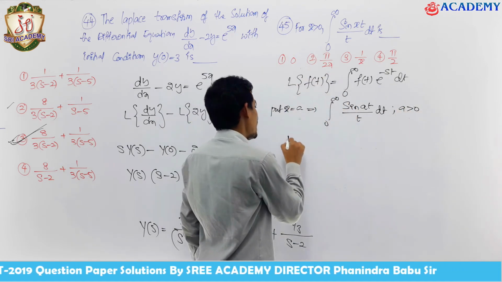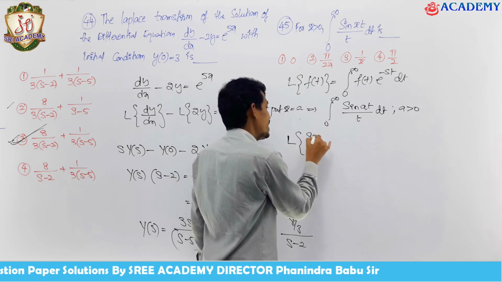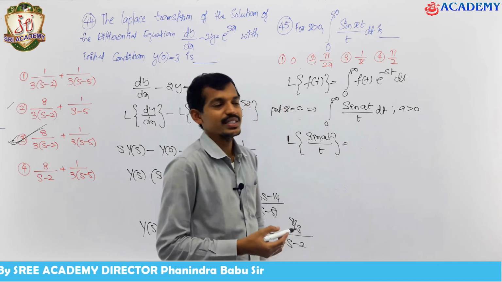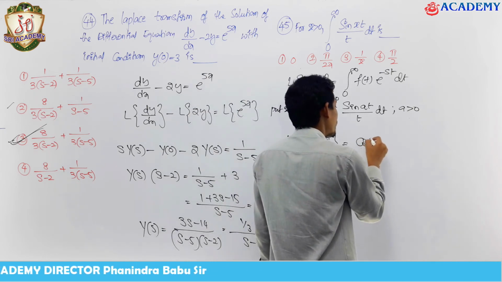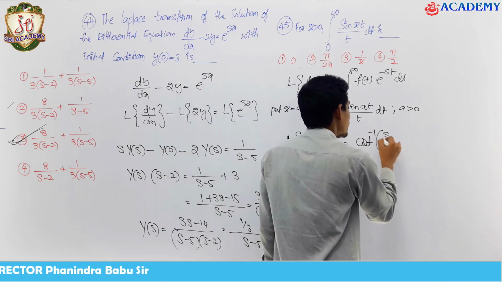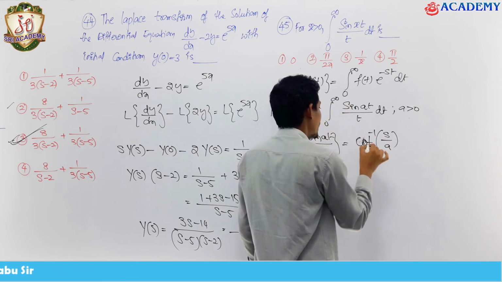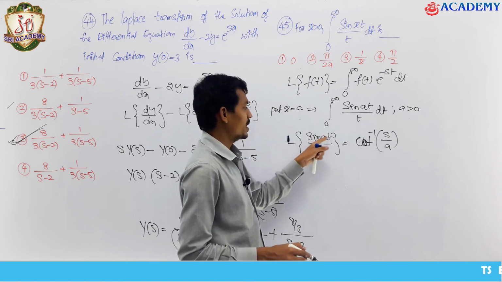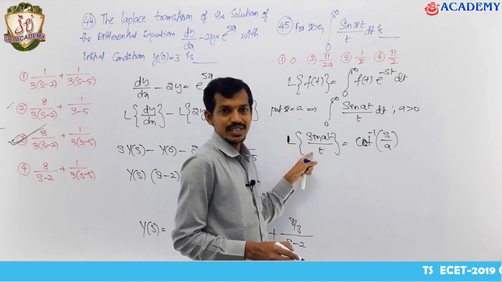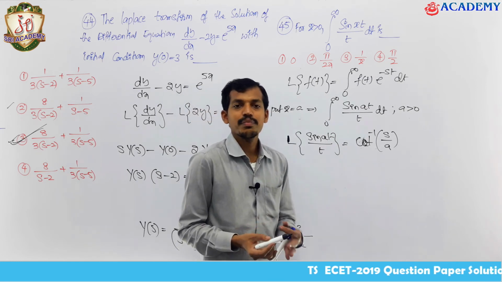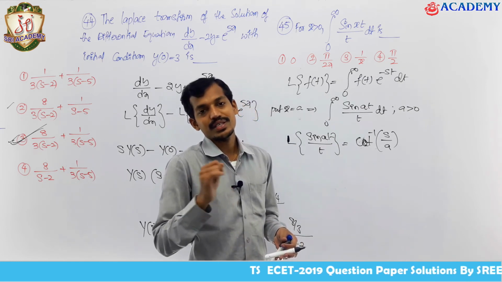See, I am finding Laplace of sin at by t. Laplace of sin at by t is nothing but simply, you know the formula, cot inverse of s by a. How you get it: whenever the function sin at is divided by t, the Laplace transform of sin at is a by s square plus a square.